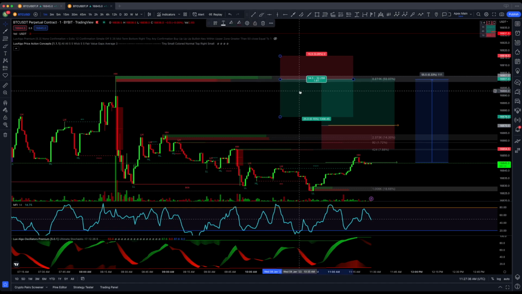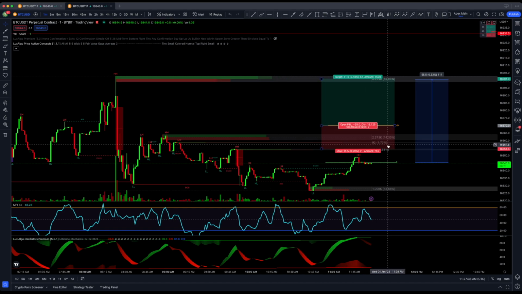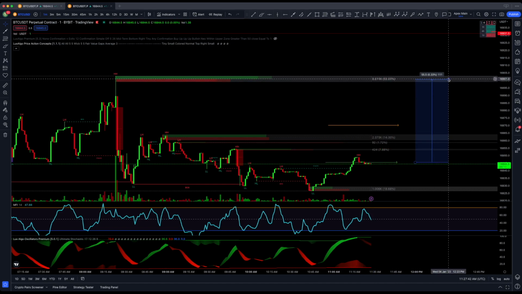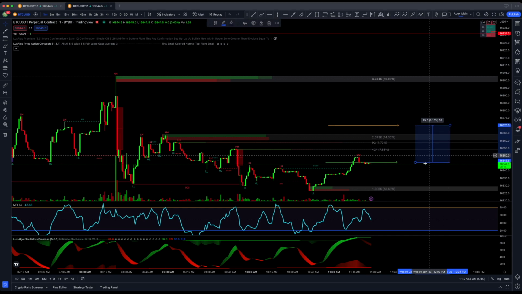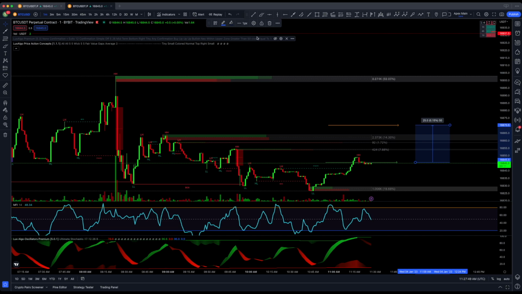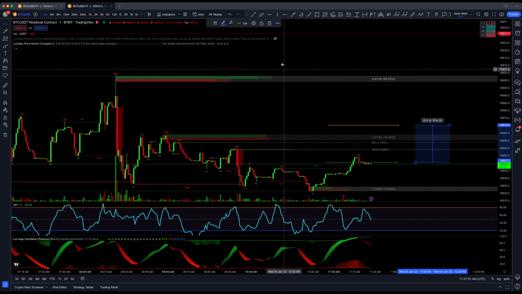Now, what might have happened is, as an example, going back here, this is your delta. We put a long order in here, right?